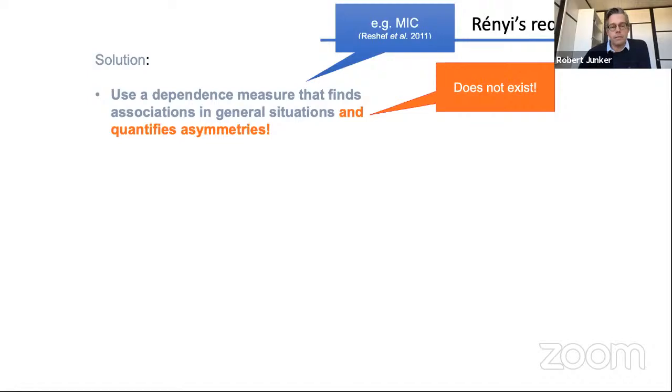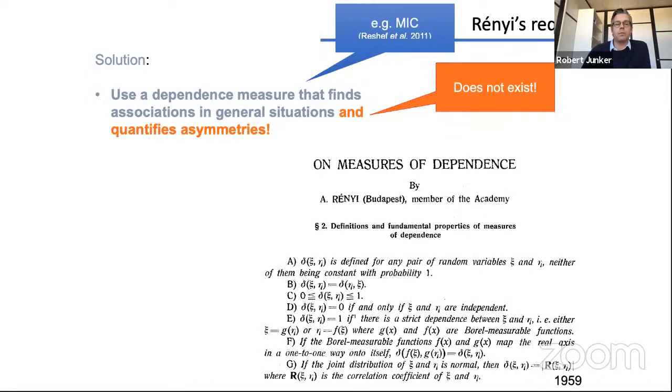And maybe one reason for that goes back to a paper by Rényi 60 years ago. And he somehow provided a checklist of properties that should be true for an ideal dependence measure. And I won't go into all the details, but one of his properties was it should be symmetric.